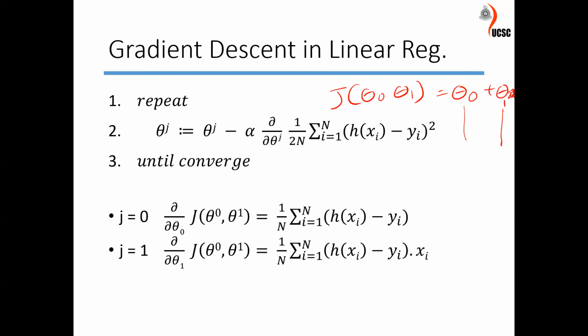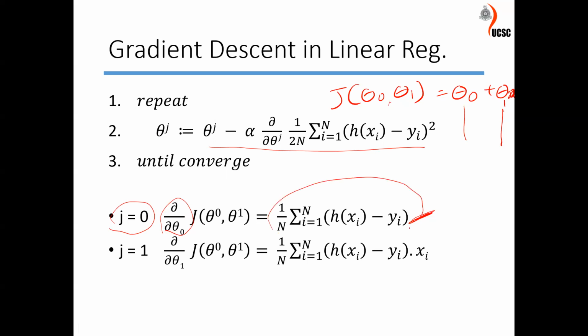In that case, if we are differentiating something with two parameters, if you have two variables for a function, you have to do partial derivations and come up with the values, right? So this one is for theta naught, if j equals 0, so we need to do the partial derivation with respect to theta naught.